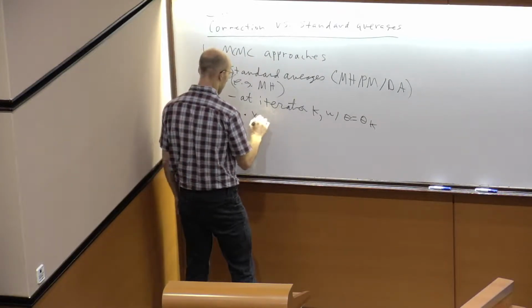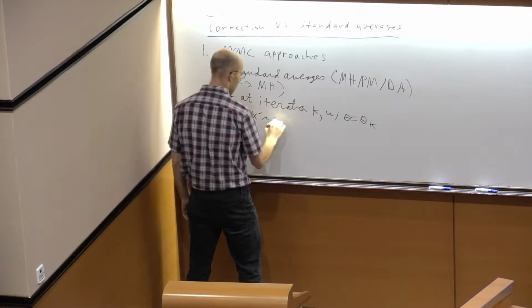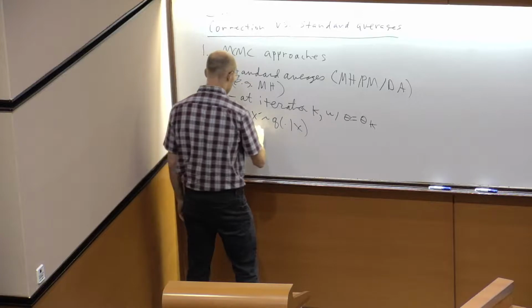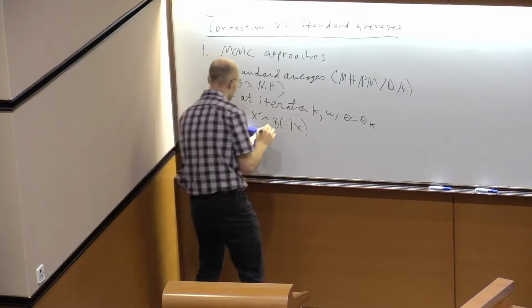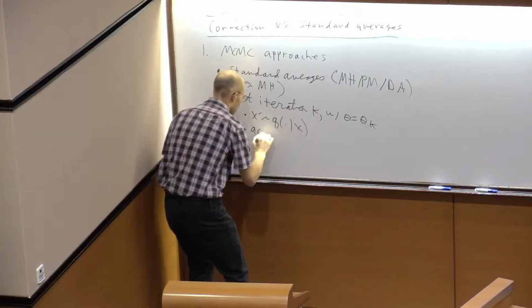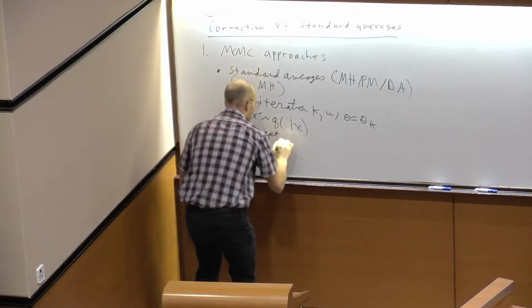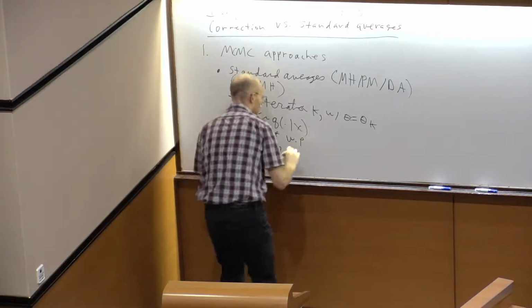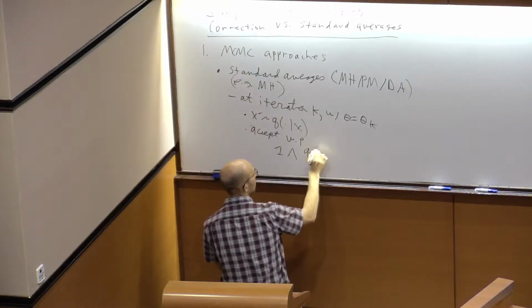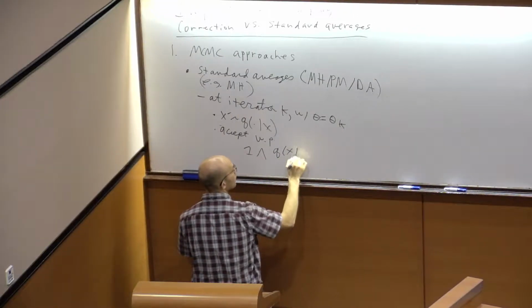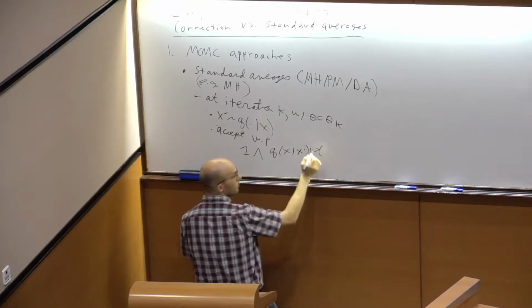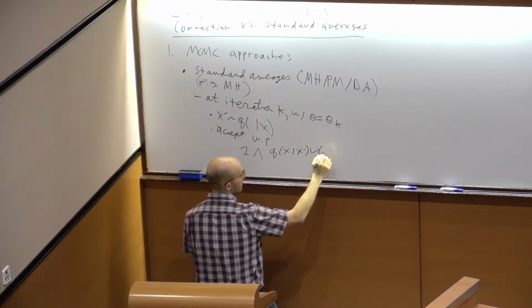We sample from a proposal, and then we accept with probability... Our target probability is going to be designated by nu.